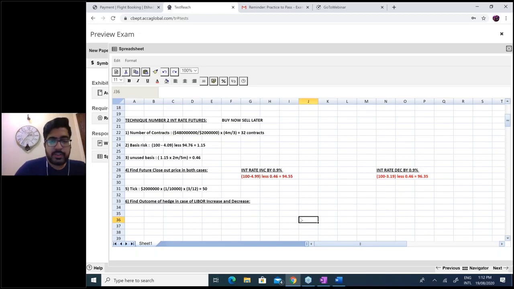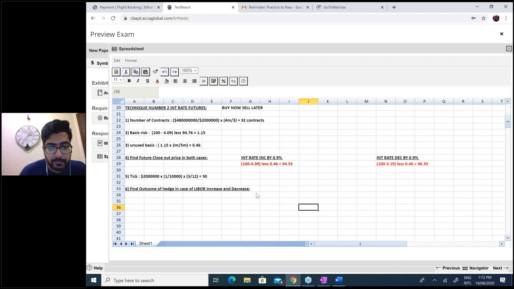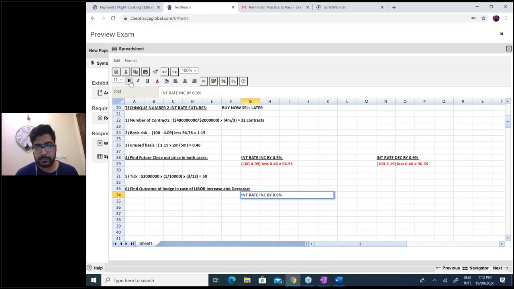I need to find the outcome of the hedge in case of LIBOR increase and decrease. There are 2 cases. Interest rate increase by 0.9%. Interest rate decrease by 0.9%.